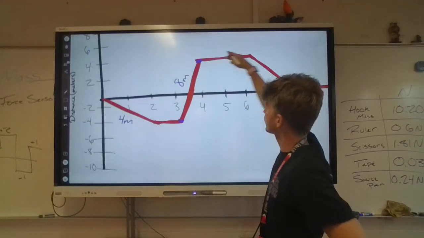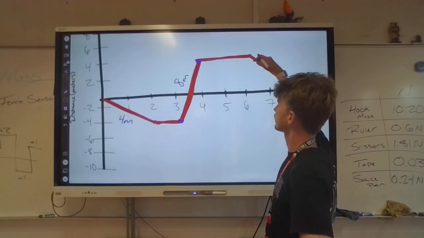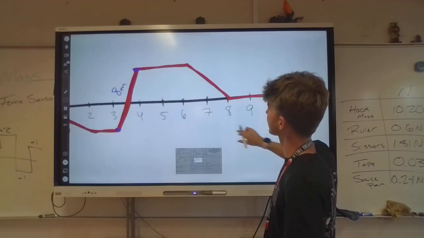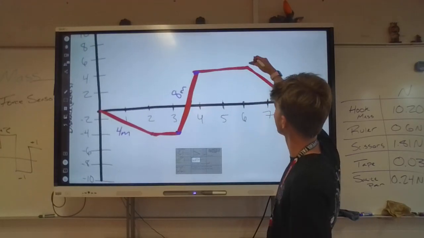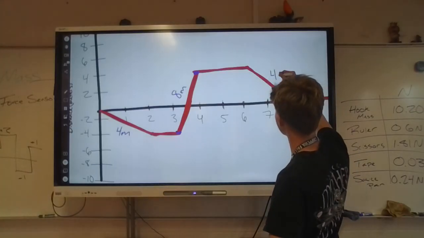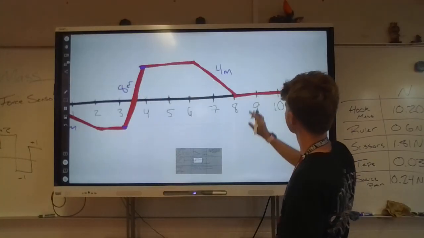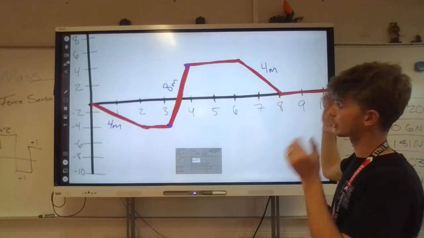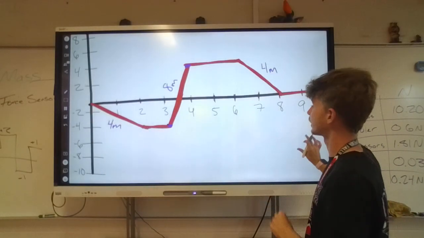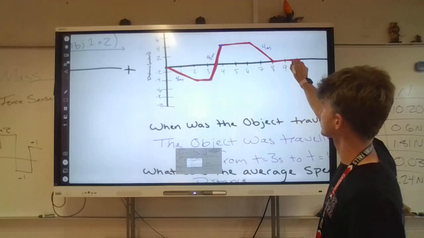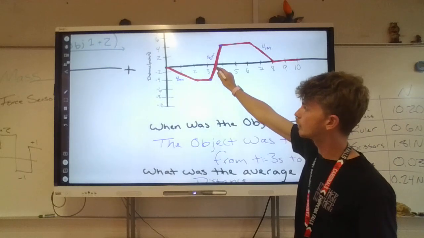From here to here, we stayed in the same position, and we didn't go up or down, so I'm going to ignore that region. From 6 seconds to 8 seconds, we went from 4 meters down to 0 meters, so that means we traveled 4 more meters. And then from 8 seconds to 10 seconds, we didn't go up or down, so I'm going to ignore that region. We didn't travel any meters. So the total distance traveled was 4 plus 4, which is 8, plus another 8, which is 16.